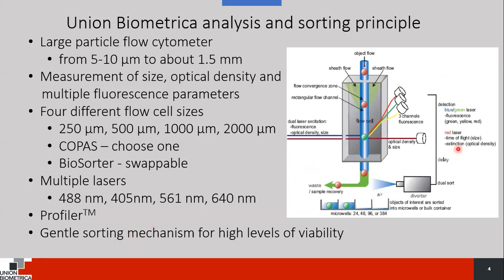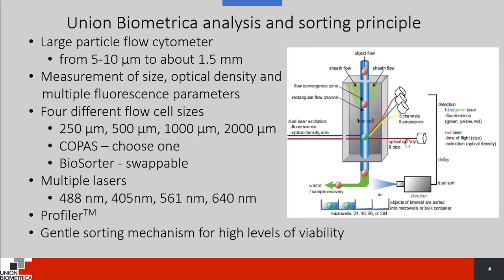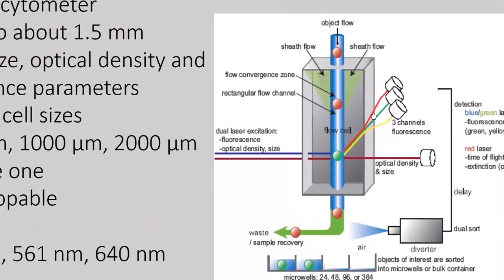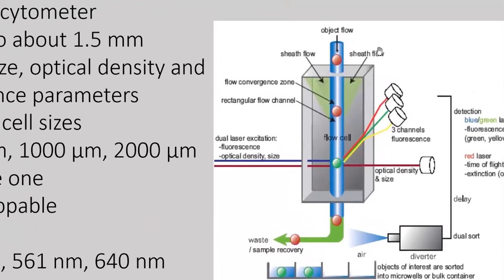On the right, I have a schematic that describes how our flow cytometer works. I'm going to zoom in a little bit so that we can see this a little bit better. And we use a sheath reagent and push that through the flow cell to set up stable laminar flow, and that's pushed through by pressure.